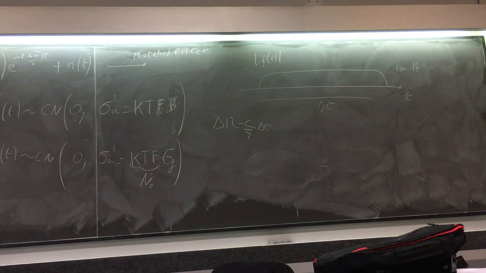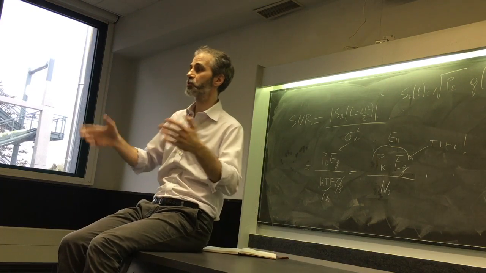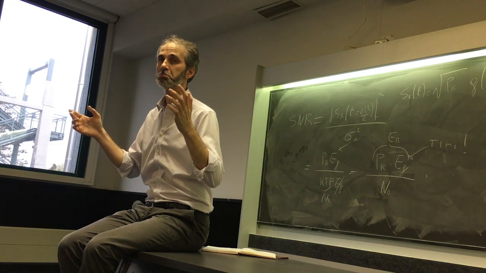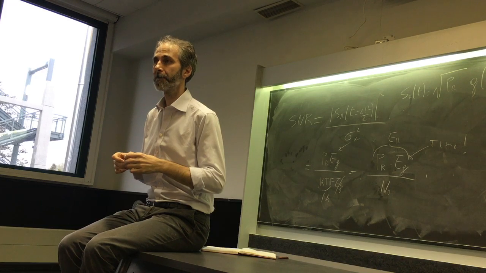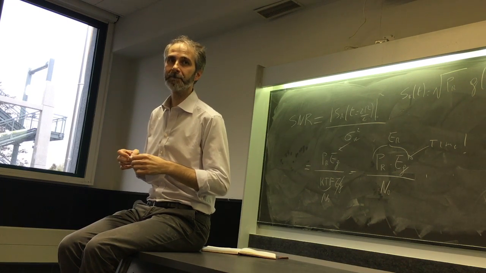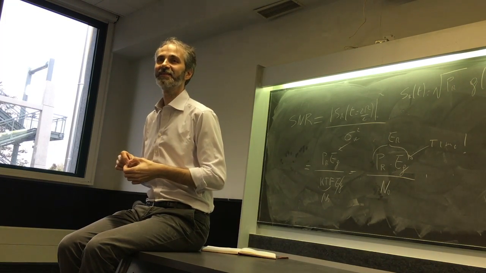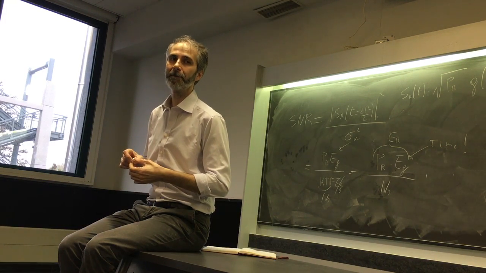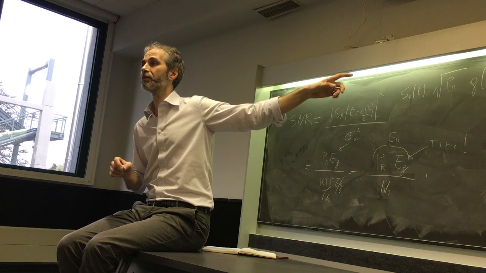So, at least at first glance, we are losing our capability to resolve two targets. Any comment on this? Not you, huh? No, not at all. Would you buy this system?